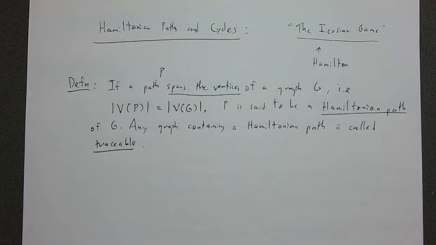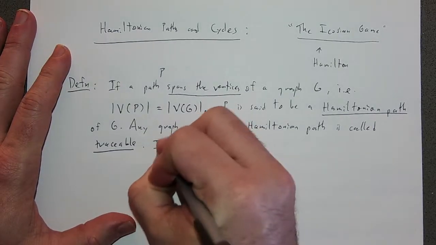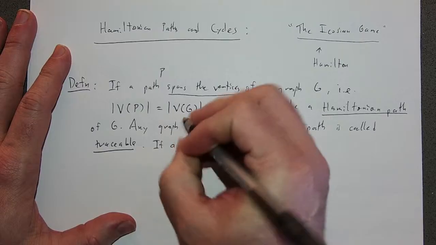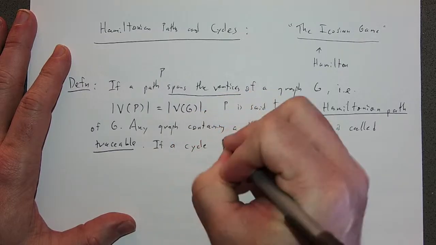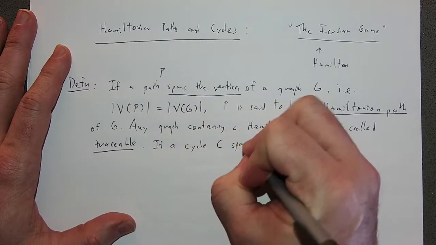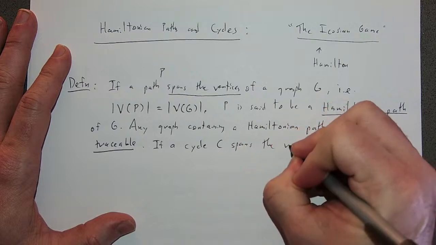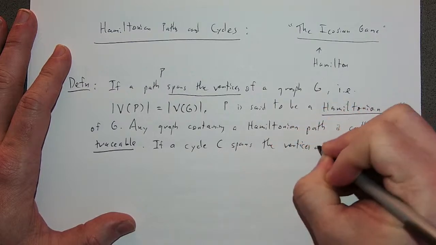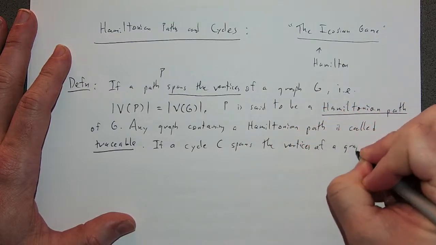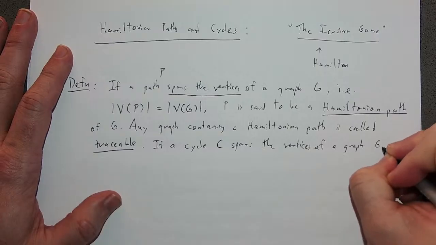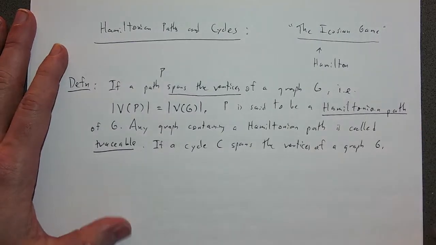Consider why this would be called traceable. Maybe think about it. We're going to see some examples here. It'll make it clear. If a cycle C spans the vertices of a graph G, such a cycle is called a Hamiltonian cycle.